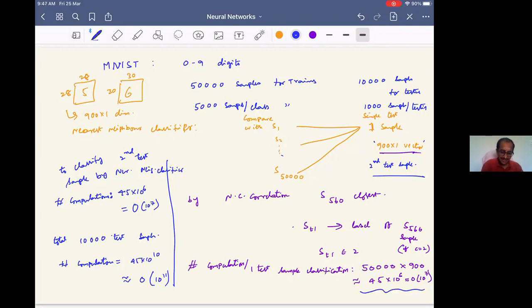That means given the training samples of 50,000, you are not leveraging anything from them. You are just using them as templates and matching against them. Nothing is learned from the training samples. Every time you redo the same thing for each test sample, and the number of computations for each test sample is very high because nothing is learned.